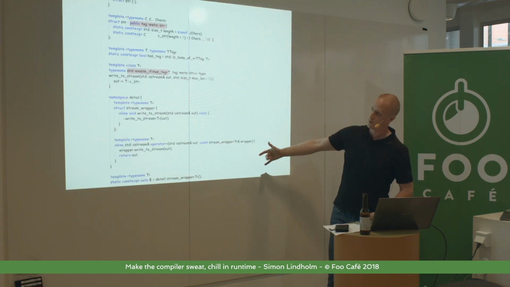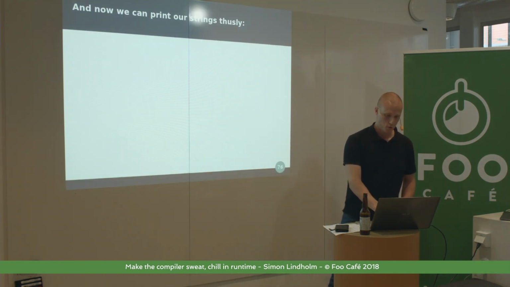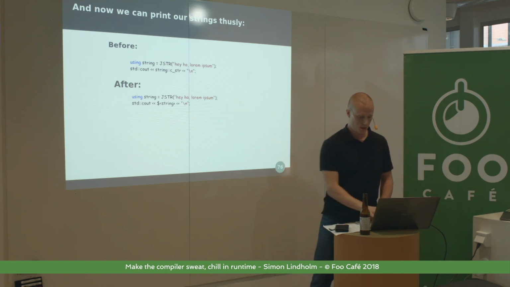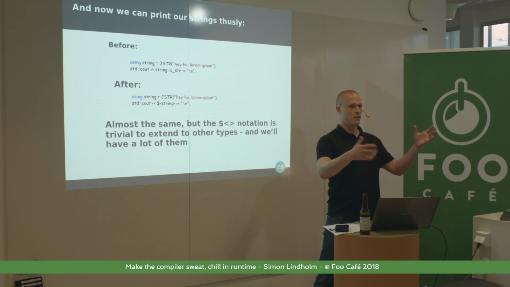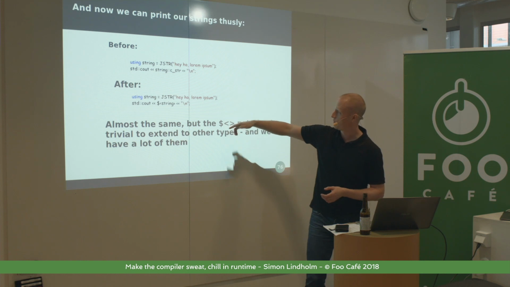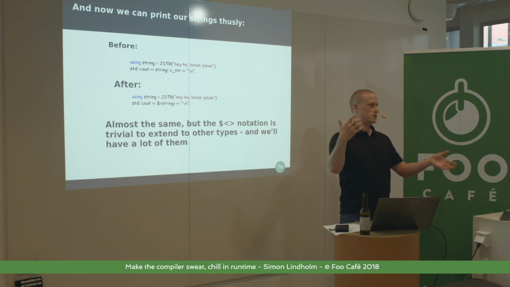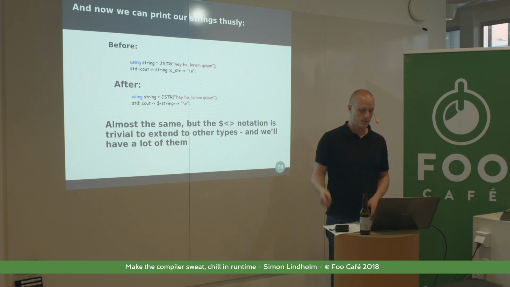Just create a little bit nicer print function with some tag dispatch. So instead of doing this, we can print our string like this. And the point about this is that it's very easy to extend to a lot of other types, because we will end up with like a billion different types. So this thing makes it very easy to create print functions for all kinds of types.